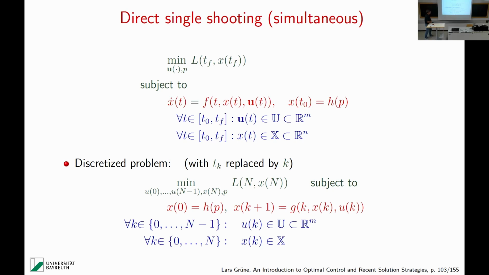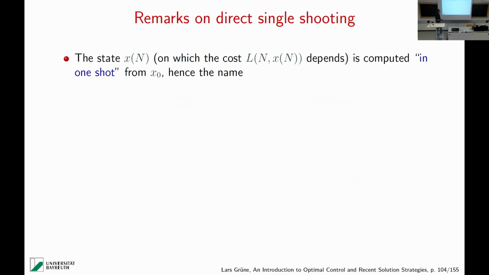So what does this mean? Well, this means that by doing this iteration here, we compute in one shot from the initial condition, which is, wait a second, there's something wrong here. x of t naught is h of p. Yeah, it should be t naught here, right? From this initial condition, we compute by iterating this in one shot the x of N, and then we minimize over that, right?